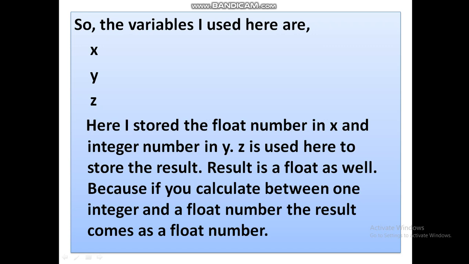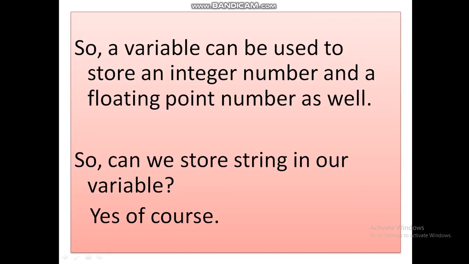Here I stored the float number in x and the integer number in y. z is used here to store the result. The result is a float as well, because if you calculate between one integer and a float number, the result comes as a float number. So a variable can be used to store an integer number and a floating point number as well.